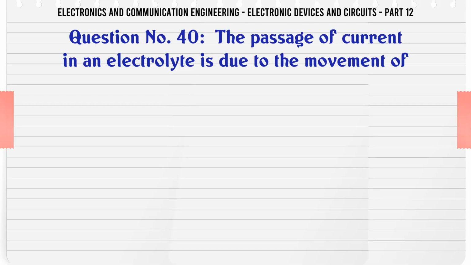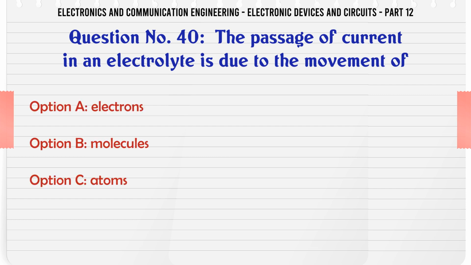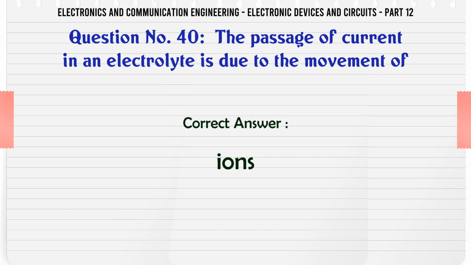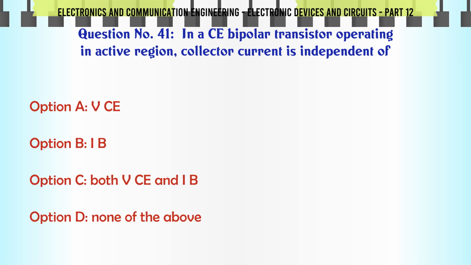The passage of current in an electrolyte is due to the movement of A) electrons, B) molecules, C) atoms, D) ions. The correct answer is ions. In a CE bipolar transistor operating in the active region, collector current is independent of A) VCE, B) IB, C) both VCE and IB, D) none of the above.